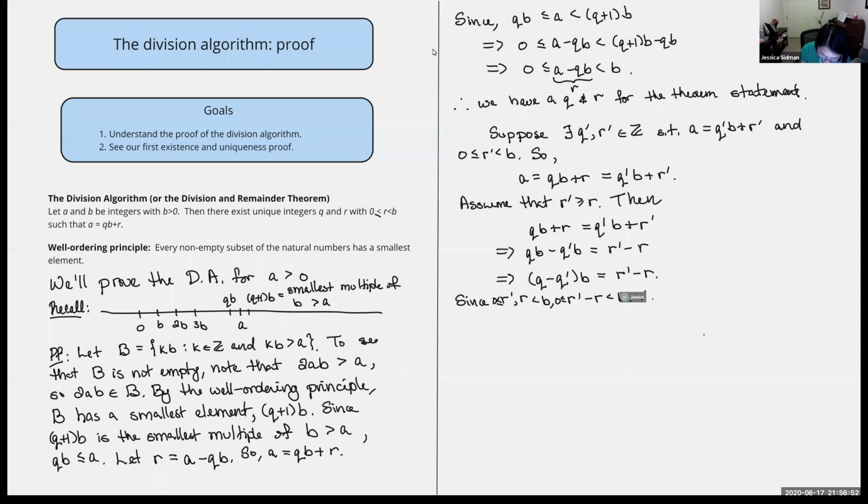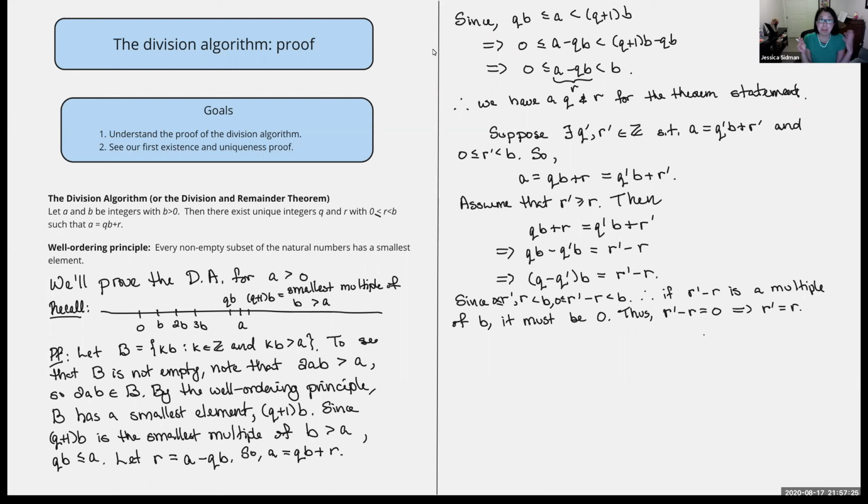So therefore, if R prime minus R is a multiple of B, it must be 0. But what does that mean? Thus, R prime minus R equals 0, which implies that R prime equals R.